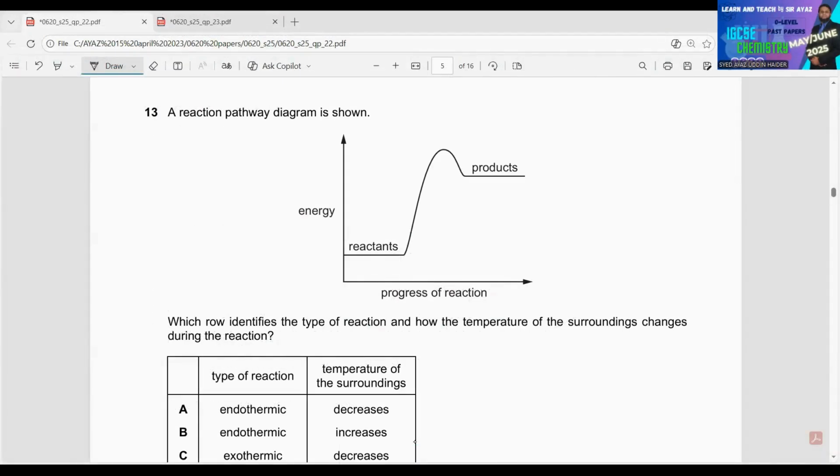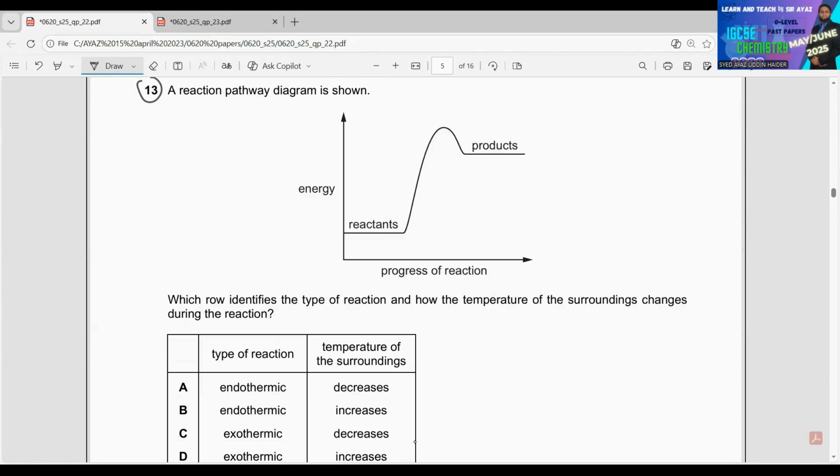MCQ number 13. A reaction pathway diagram is shown. Which row identifies the type of reaction and how the temperature of the surrounding changes during the reaction? So if you look at this reaction, products are at a higher energy state than reactants, so it must be endothermic.